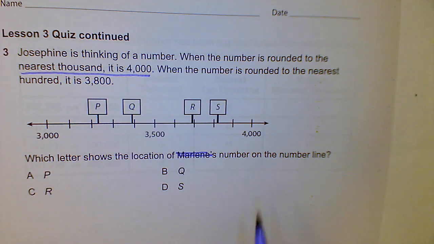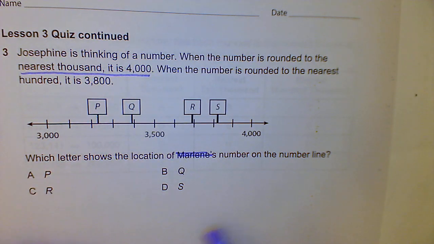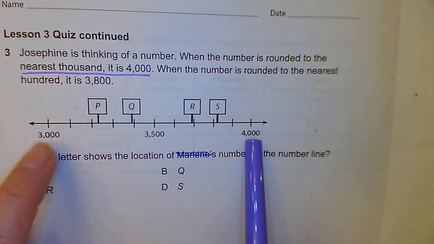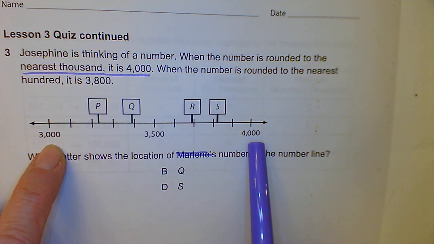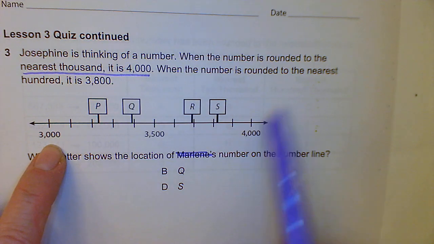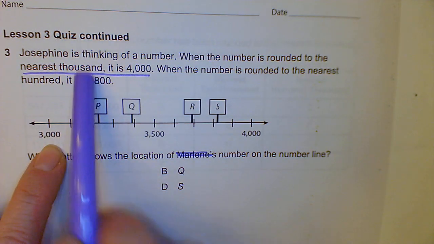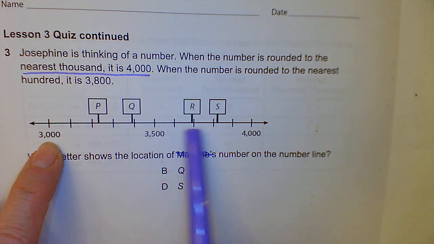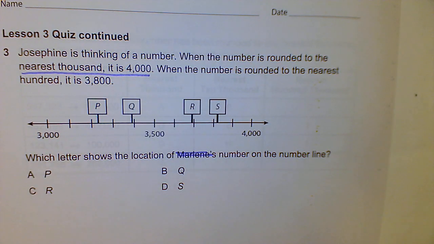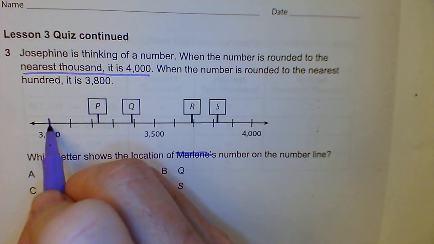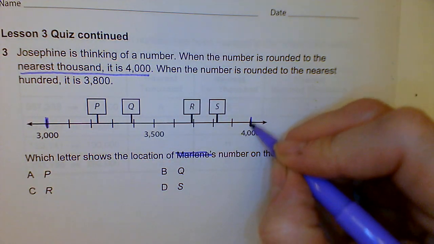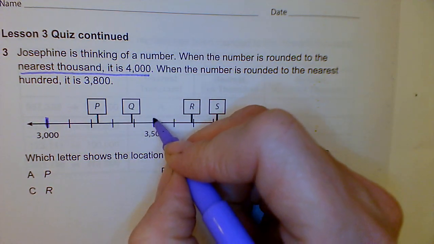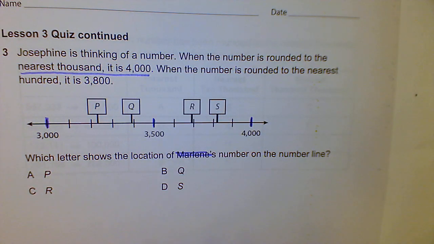So if I'm taking a look at this, let's just look at this number line and let's notice some stuff. So first of all, I can see my endpoints are 3,000 and 4,000. And that's because initially we're rounding to the nearest thousand. So those are my endpoints. So one of these is going to have to be my number. So I just want to mark off these endpoints for us to make them more clear. 3,000, 4,000, and this was 3,500.